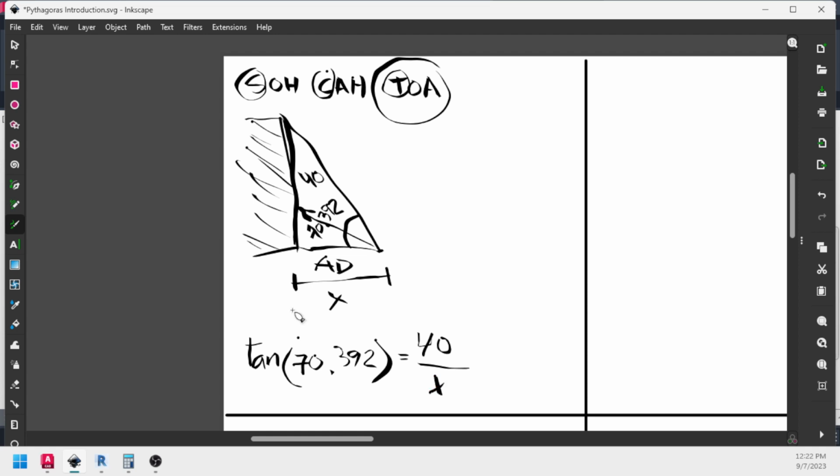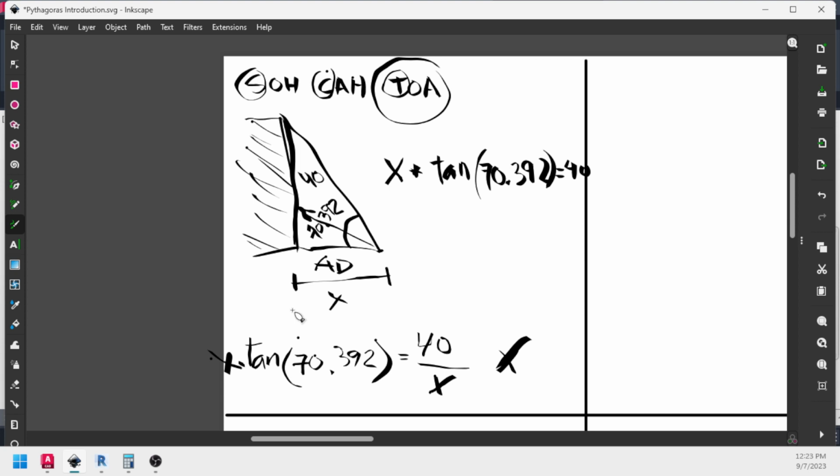And here we already have solved the problem, because in order to transform this equation, we need to multiply both sides by x in order to cancel this fraction. So we get that x times the tangent of 70.392 equals 40.